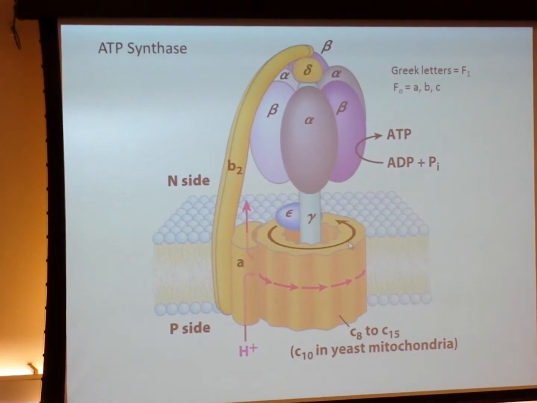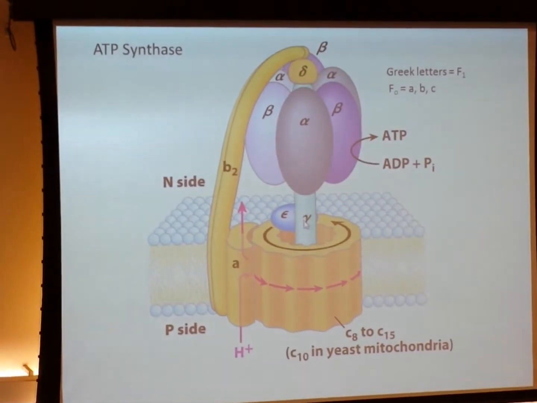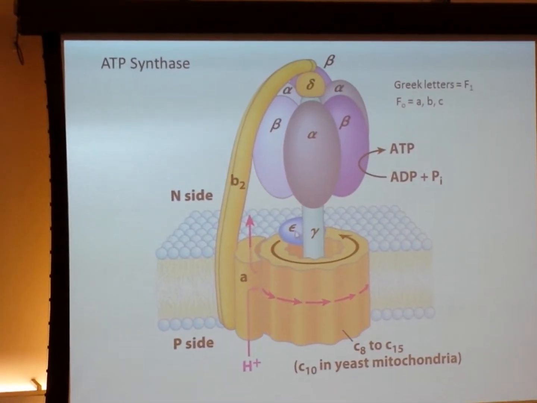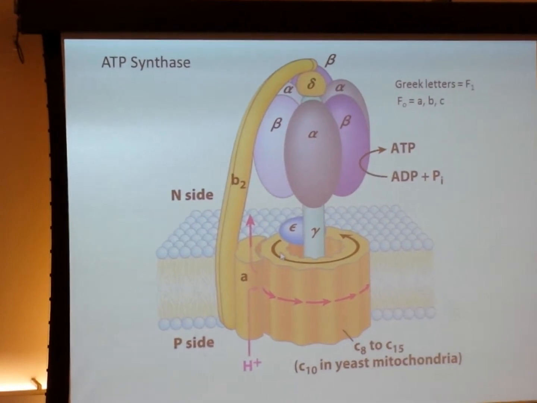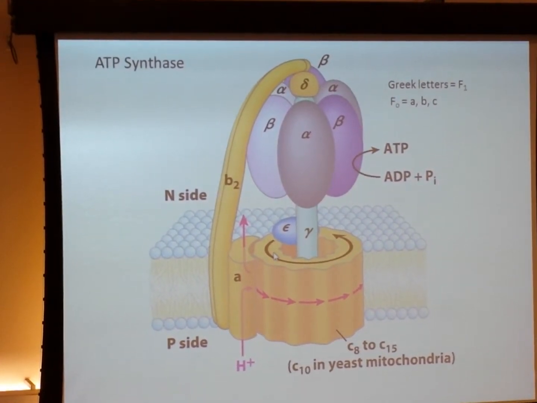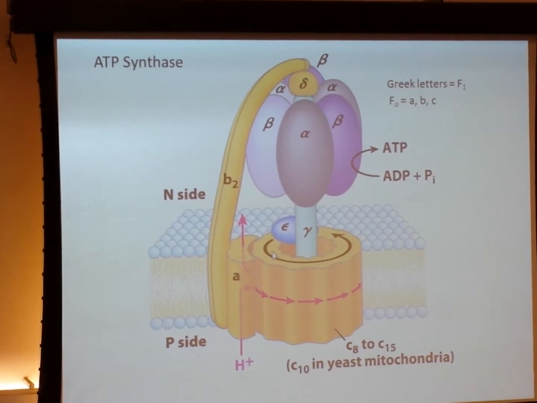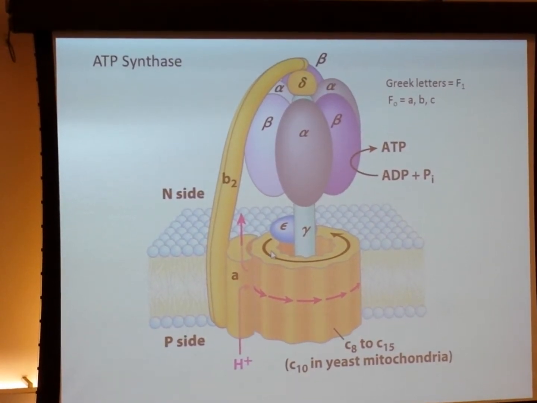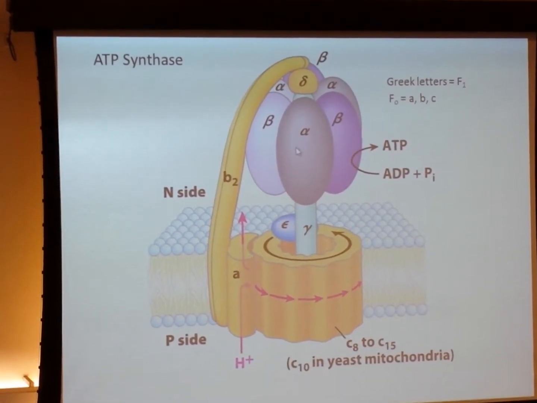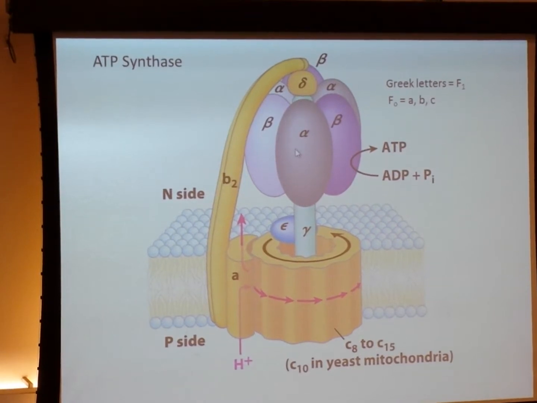And when they turn, this gamma, which is the crooked finger, is attached via epsilon to this base plate. And so when the bottom ring of 10 C's turns, it's turning the attached stalk, which is the gamma. And that gamma is going up inside here and kicking each alpha-beta pair, one at a time.